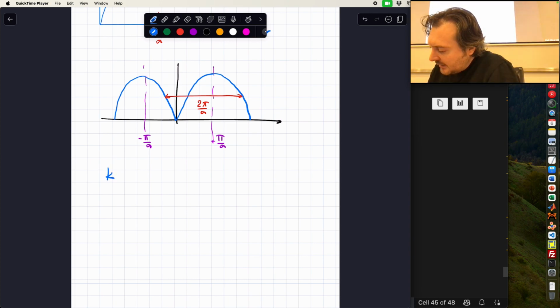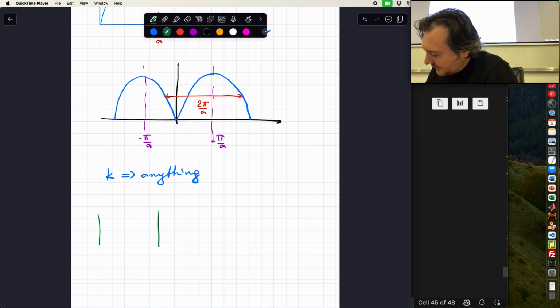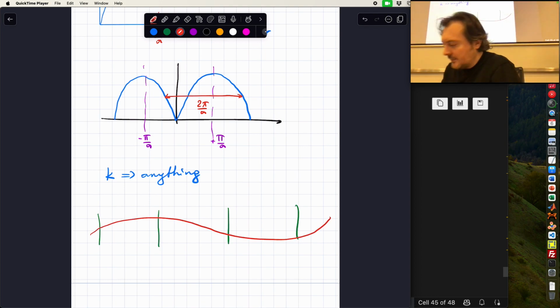So k can be anything, right? Let's take a value of k that is reasonable. Let's say you have a k that goes like this.